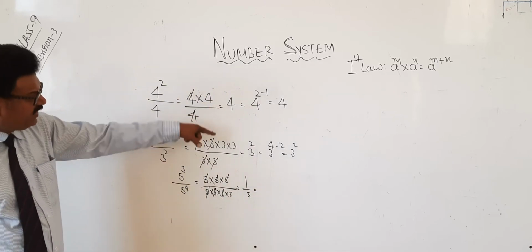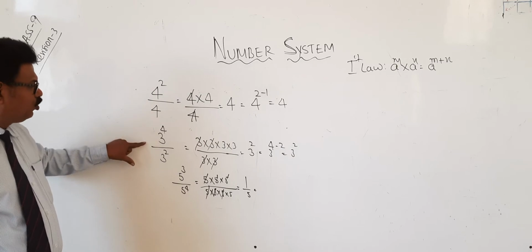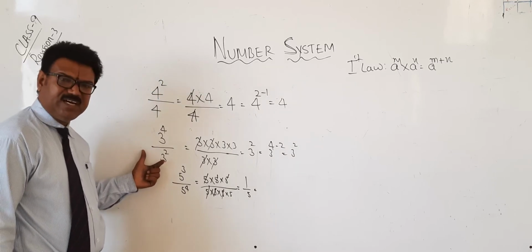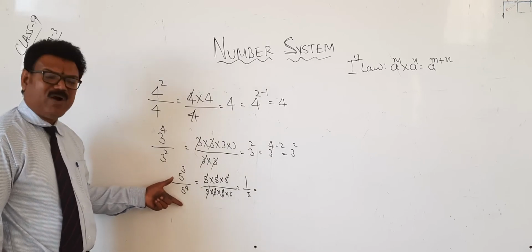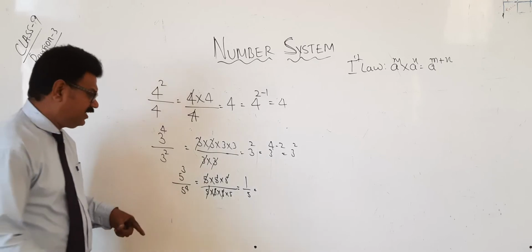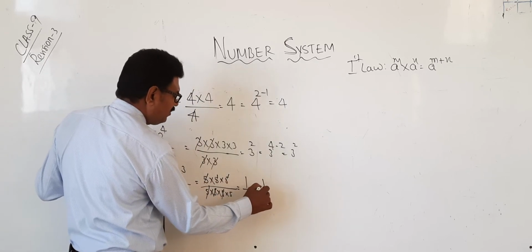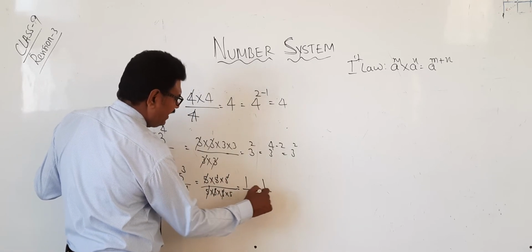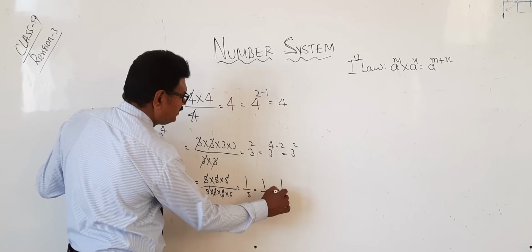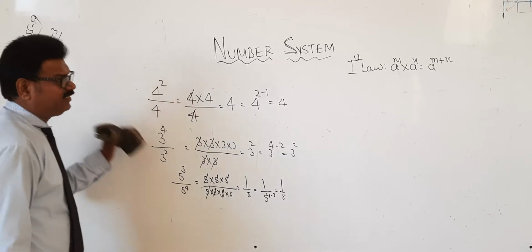Now compare this. In the first two cases, the power of the numerator is greater than the power of the denominator. But here, the power of the denominator is greater. That means we can bring 5 to the power of 4 minus 3, that is nothing but 1 by 5.